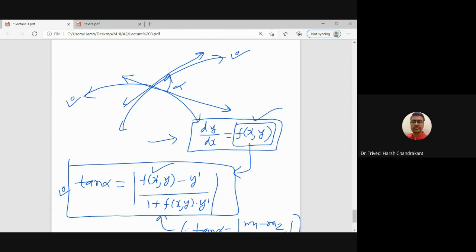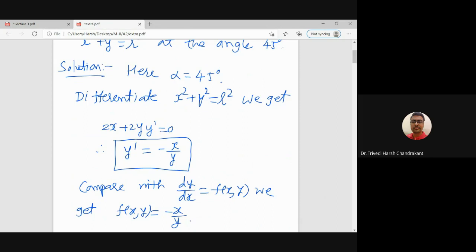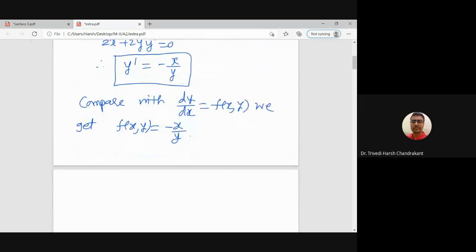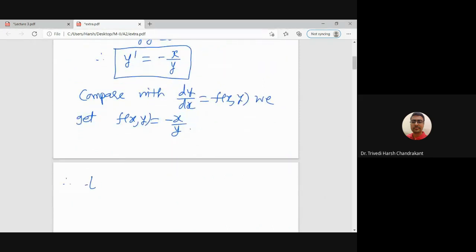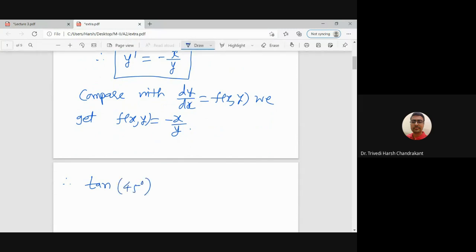We just substitute in the second formula. Therefore now tan alpha, with alpha 45 degree, is equal to modulus of f of xy minus dy by dx divided by 1 plus f of xy into dy by dx.